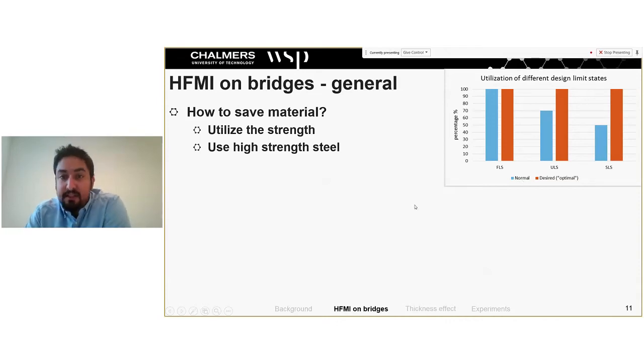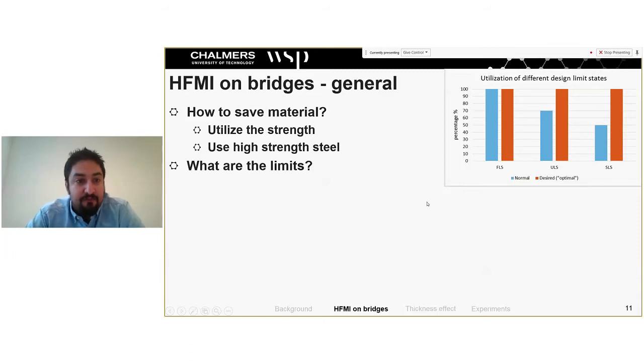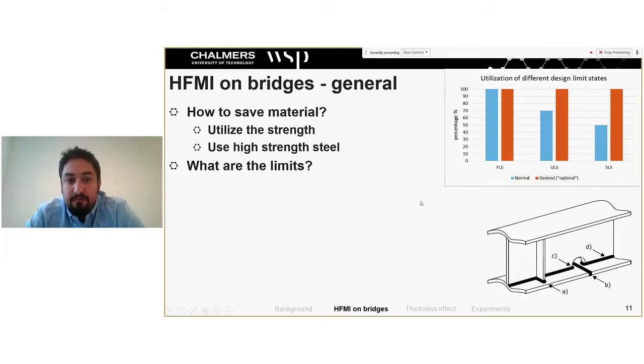But there are things that can be limiting. So in terms of fatigue, for instance, these are 4 details that are very common in bridge girders in conventional bridges. And details A, B, and C are all very suitable for performing HFMI treatment on.